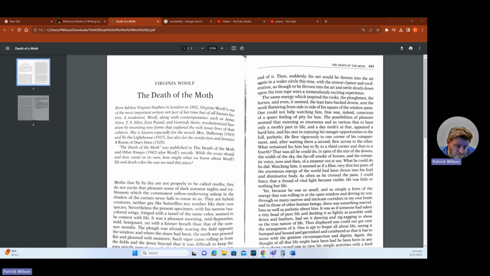The essay's central metaphor, of course, of the moth's struggle and eventual death serves as an excellent example of how to use symbolism and metaphor to convey a deeper meaning. So the moth is more or less a symbol, it's symbolic, but it's also a metaphor. It has that deeper meaning to us.